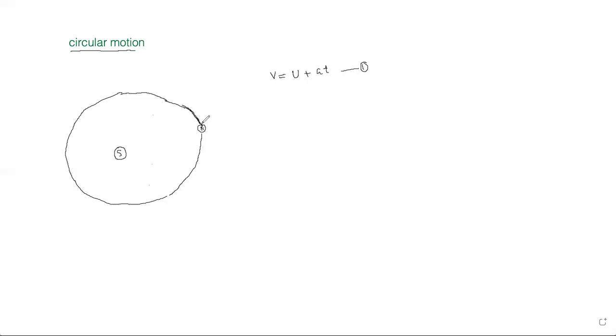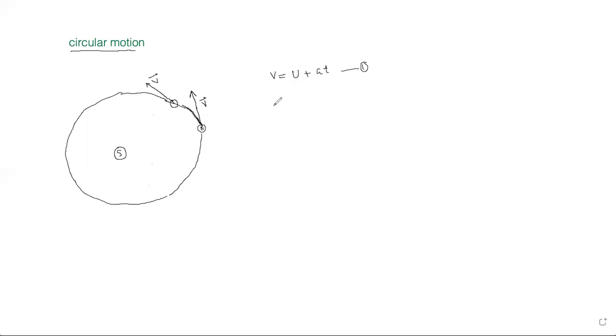When this object is moving, we can define its velocity vector, which is a straight line, like this. At some other time, the object moves to a new position, and its velocity vector will be like this, meaning it is always the tangent at the point where the object is, along this circular trajectory.